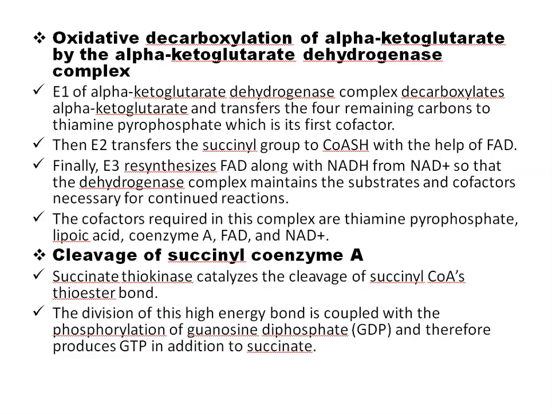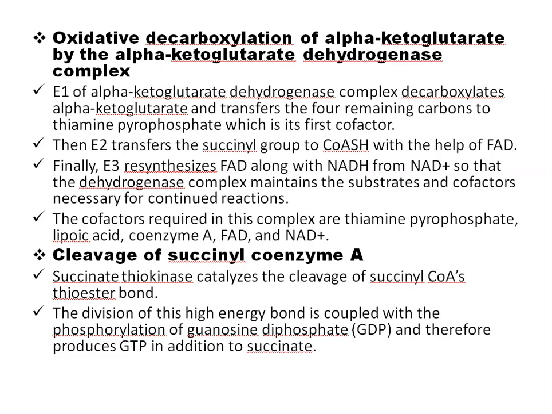Then E2 transfers the succinyl group to coenzyme A, CoASH, right? This means coenzyme A when it is not attached to an acyl group, right?